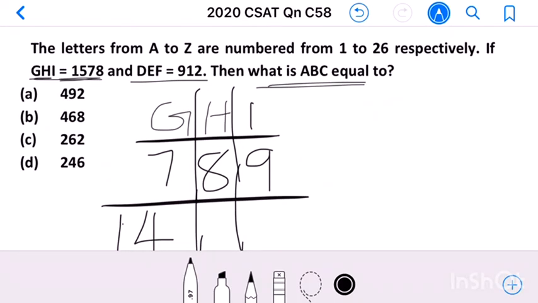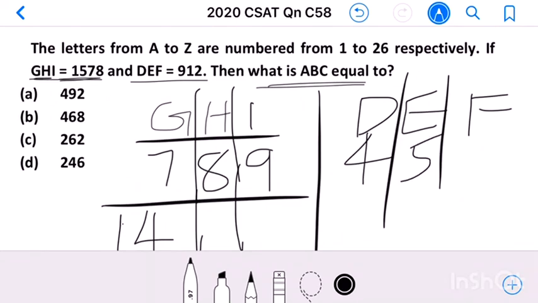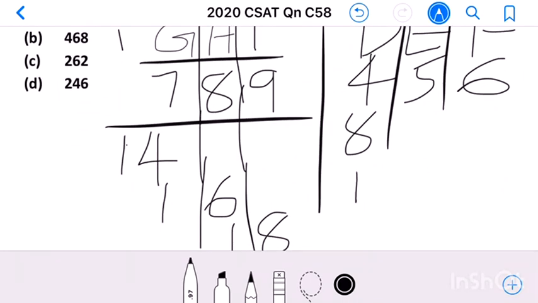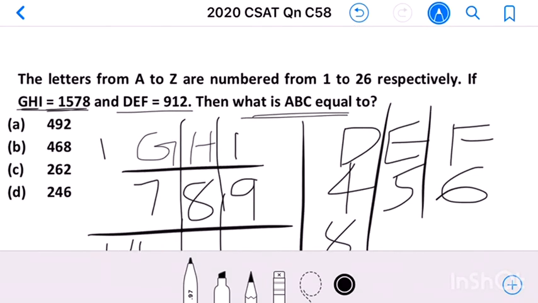So we found the relationship between the letters and numbers. Similarly, DEF also. D equal to 4, E equal to 5, F equal to 6; 8, 10, 12. Adding all these numbers, we get 9, 1, 2.